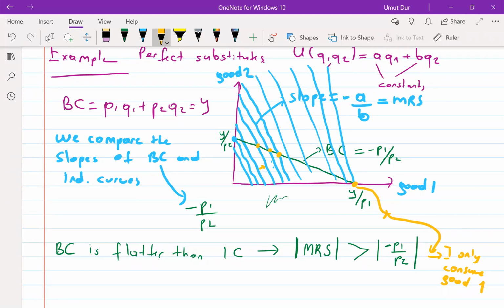And can we know the exact amount of good 1 that I am consuming here? If my budget constraint is flatter than my indifference curve, then my Q1 will be equal to... you know it, it's on the graph.